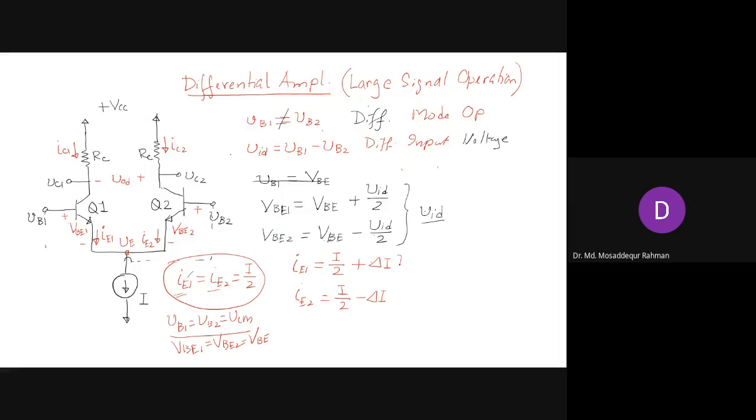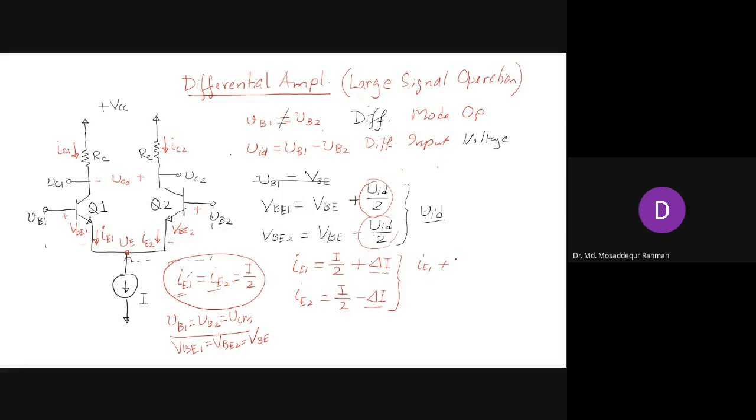Guys, is that part clear? While the forward bias voltage increases by this amount VID by 2, the bias current increases by some small amount, which we denote as del I. And this forward bias voltage decreases by VID by 2, and this bias current decreases by the amount del I. You see that when you add these two up, I1 plus I2, you get the same current.